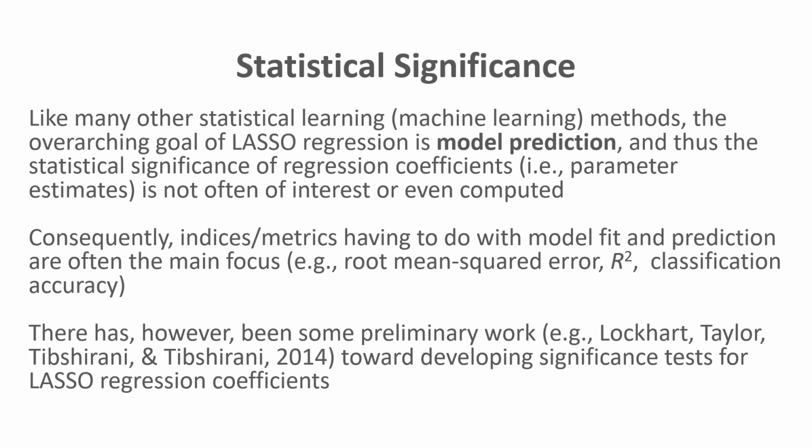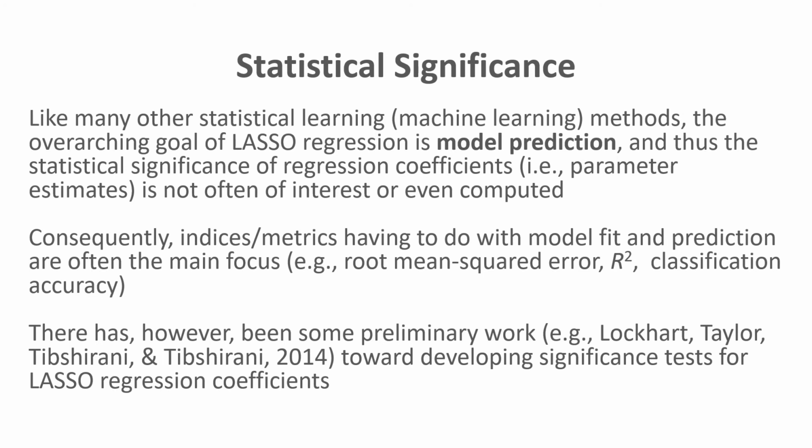And there's a few reasons for this. One is that often this is done with very large amounts of data where traditional statistical significance testing may be less relevant, meaning that we would often meet many of the conventional thresholds for statistical significance for a lot of our variables when we have very, very large amounts of data.